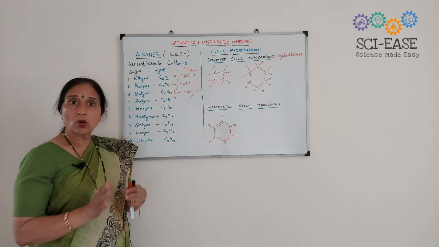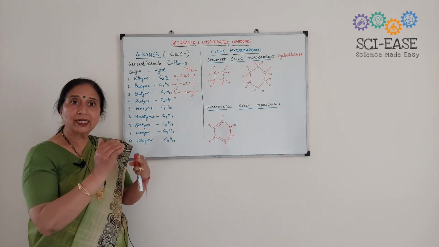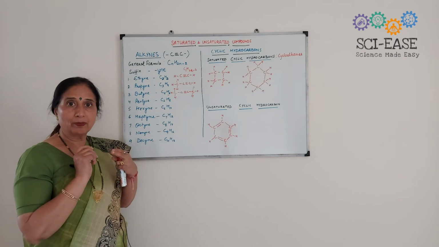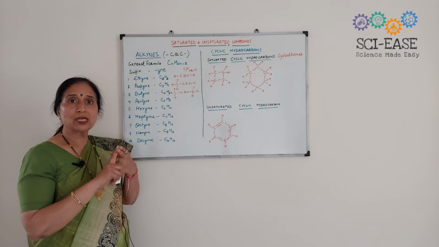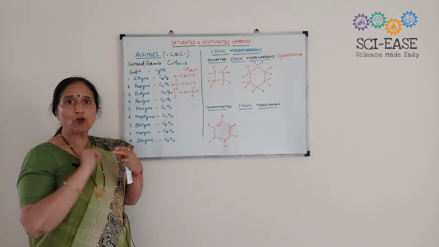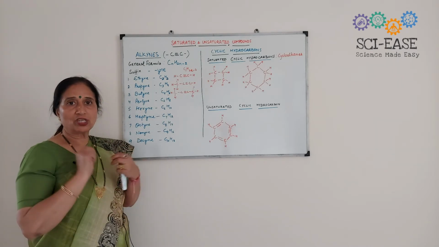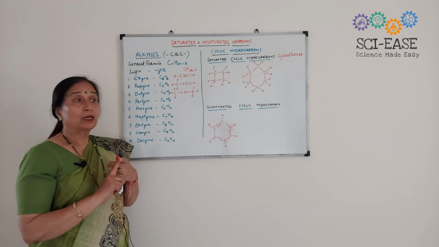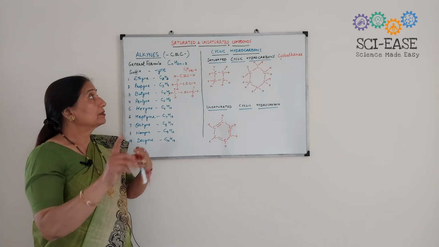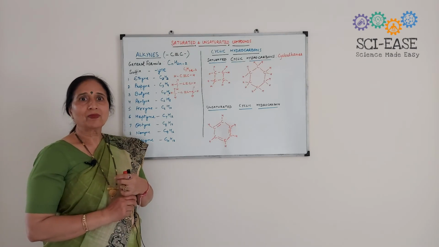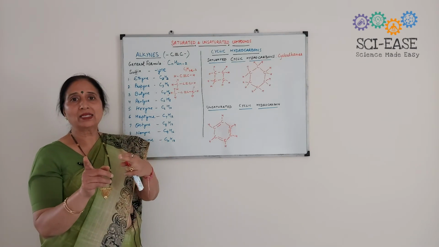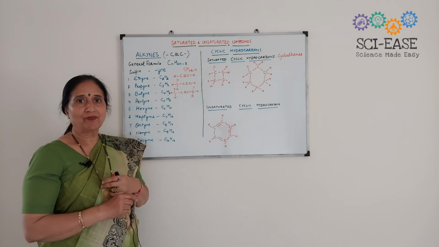Now this is all about the saturated and unsaturated hydrocarbons. But in saturated and unsaturated hydrocarbons, I have told you that chains are formed or there is branching. But there are some hydrocarbons that are cyclic, in saturated as well as in unsaturated.